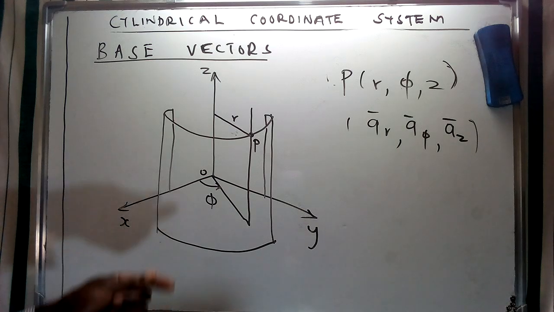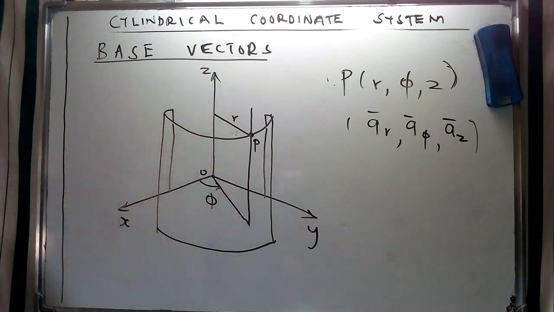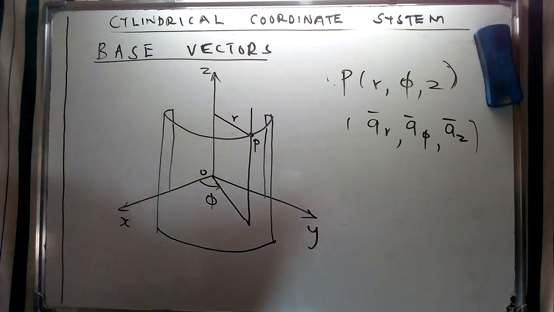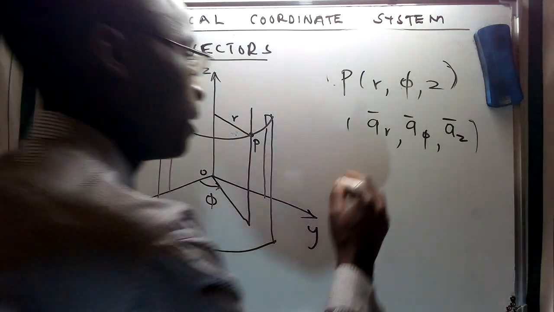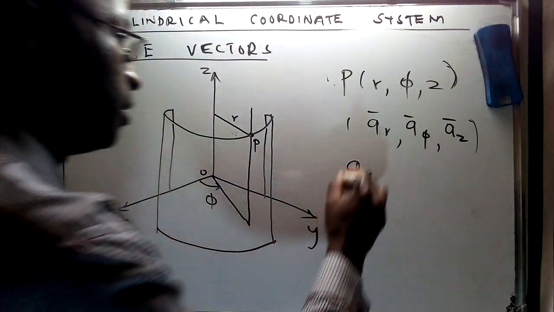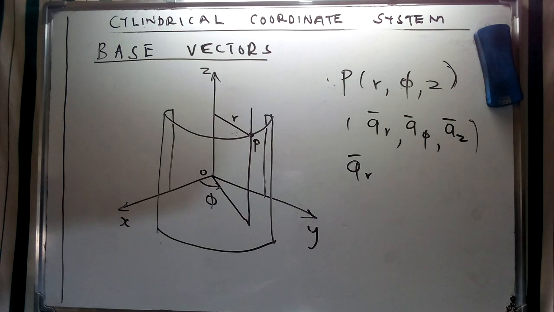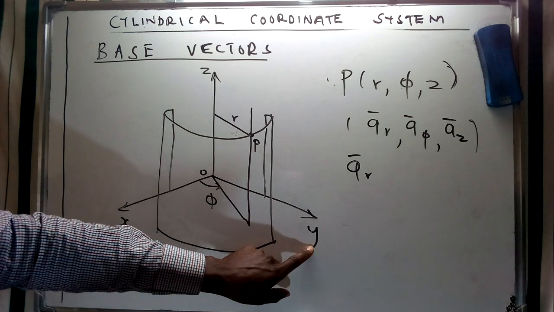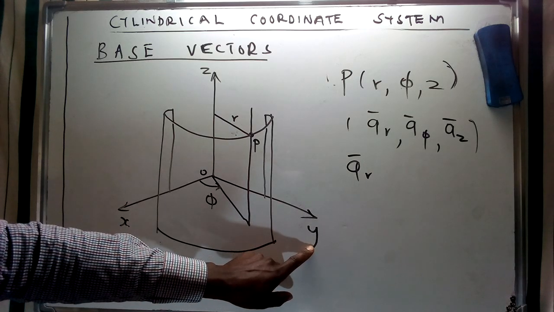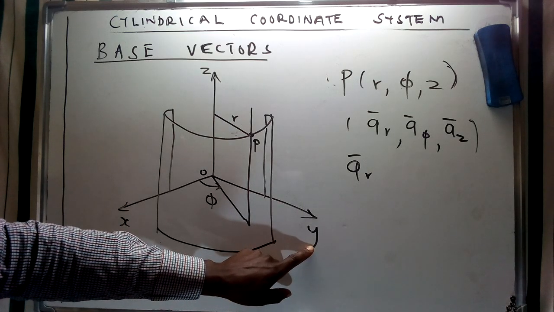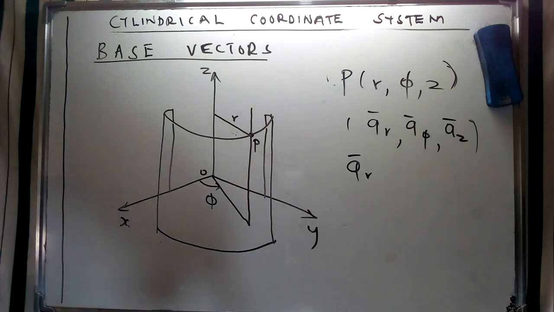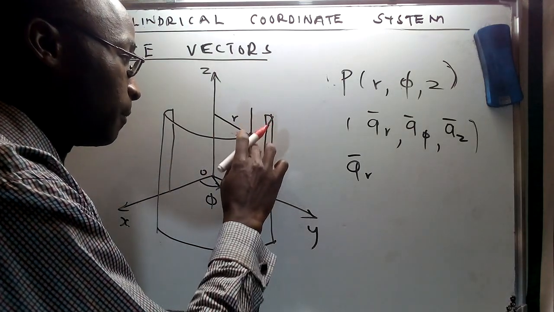And just as we had already looked at in various discussions, we're going to see that these vectors are oriented at this specific point P, whereby we have a_r, which is a unit vector in the r direction that is going to be parallel to the XY plane, and is going to project outward, or radially.